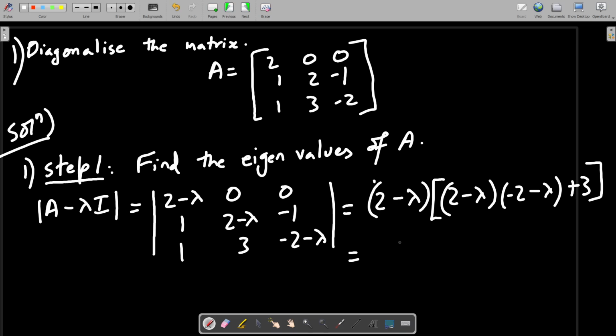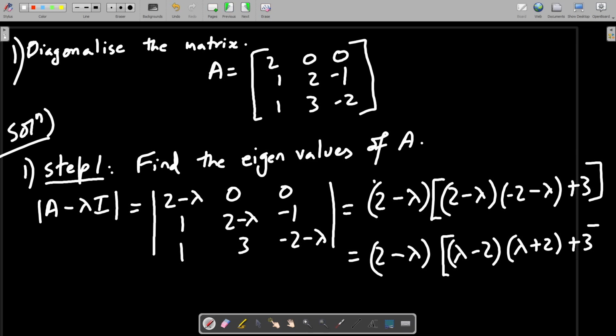Okay. So this is 2 minus lambda. This is lambda minus 2. I'll just exchange the sign here. I took the minus sign out from this and multiplied into this. This will leave me with this. Lambda square minus 2 lambda. There will be another plus 2 lambda, so that will cancel.